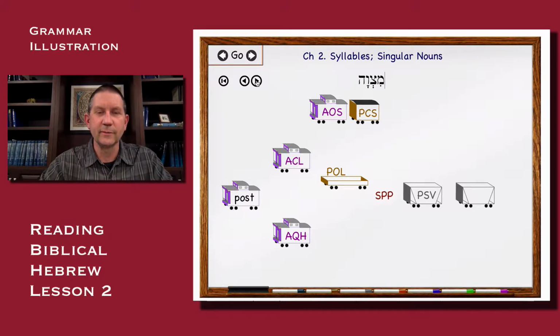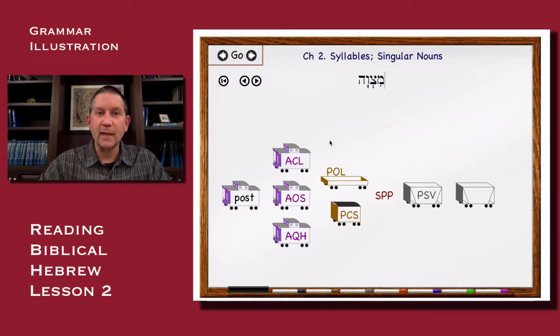Let's take another look. Oops, I forgot to put the cars away. Now we have mitzvah. This ends in a hey. That should catch our attention. Is it kametz hey? Well, yes, it is. By the way, am I going to divide here, or am I going to divide here? Generally speaking, we want to separate here on the assumption that that's going to be a silent shva. And we will come across some cases where that's not going to be true, and then we'll talk about them when we get there.